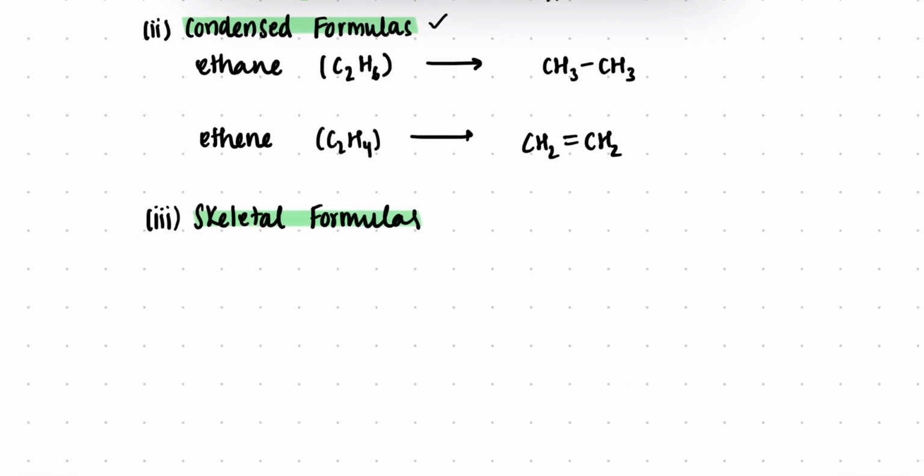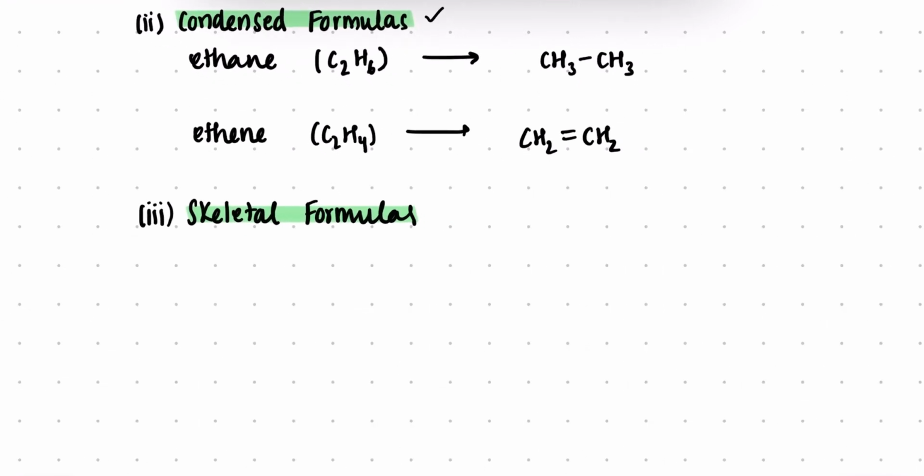So yeah, let's draw some skeletal formulas. For example, if we were to take ethane again, which is C2H6, that would be just this. This would be a skeletal formula for ethane.